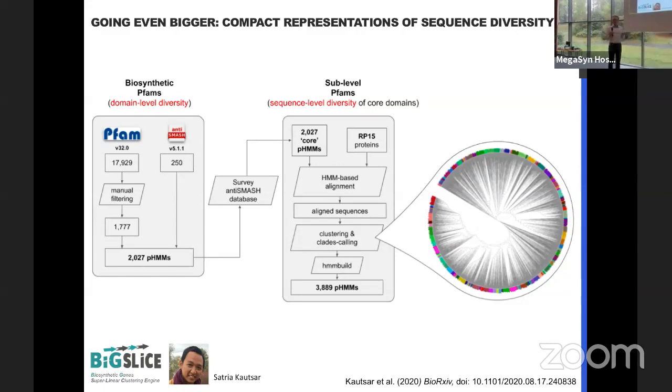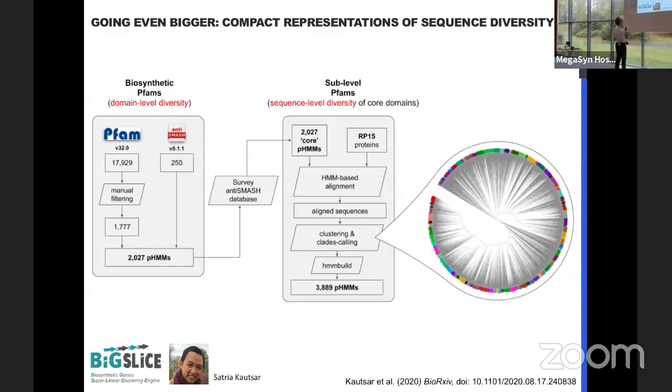If we would just use general Pfam domains, then for example, an NRPS adenylation domain would be the same across all the NRPSs, and it wouldn't give you very much information to know that an A domain is part of a gene cluster. So we need to know it is an A domain, but is it a certain subtype of an A domain?